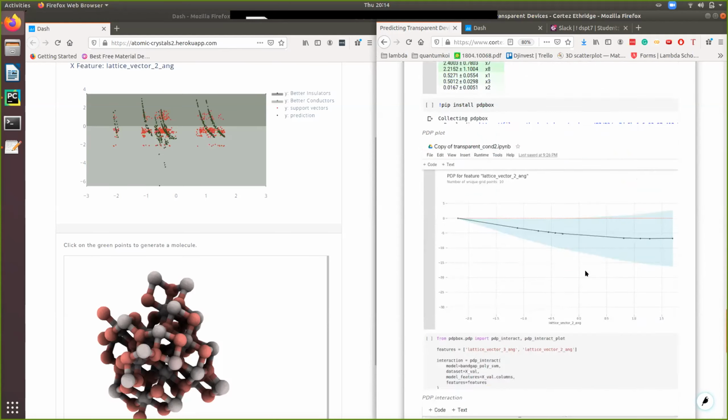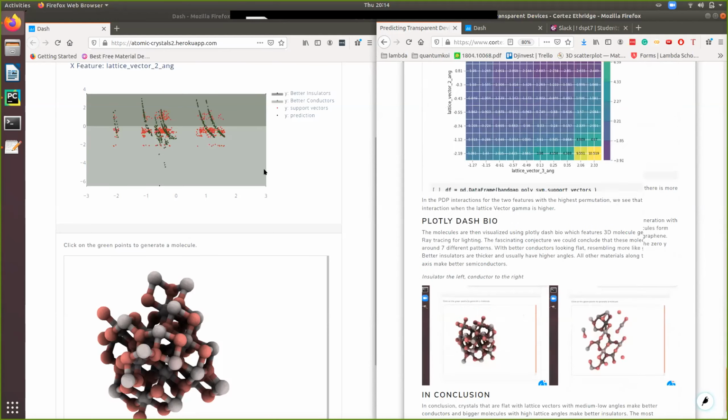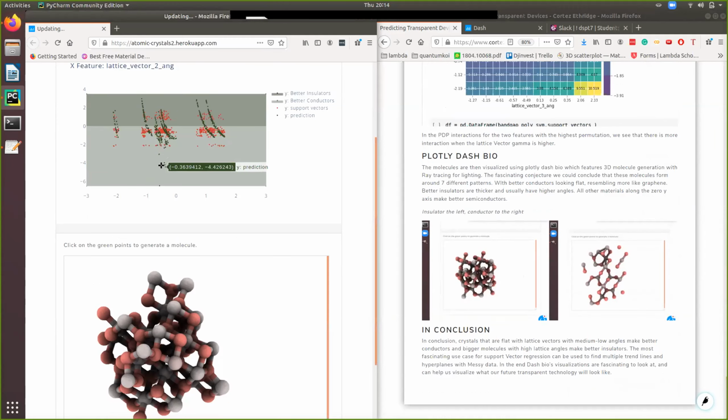And here are my metrics. I also made a Plotly Dash app, which is interactive, to find the conductor and find the insulator.